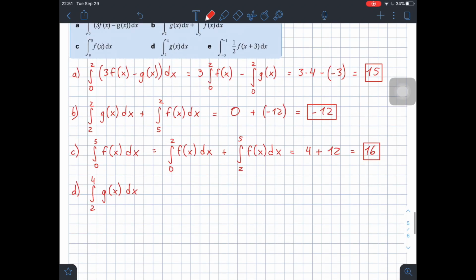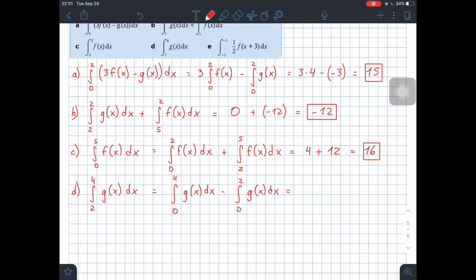Yes, this would basically be the integral from 0 to 4 of g of x dx minus the integral from 0 to 2. I'm subtracting this part, which is from 0 to 2. So I'm gonna be left with the integral from 2 to 4, right? So minus the integral from 0 to 2 of g of x dx.